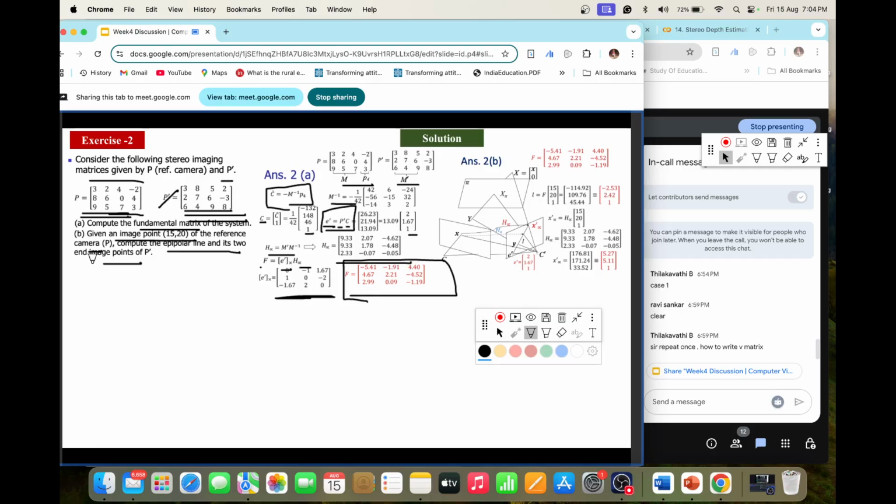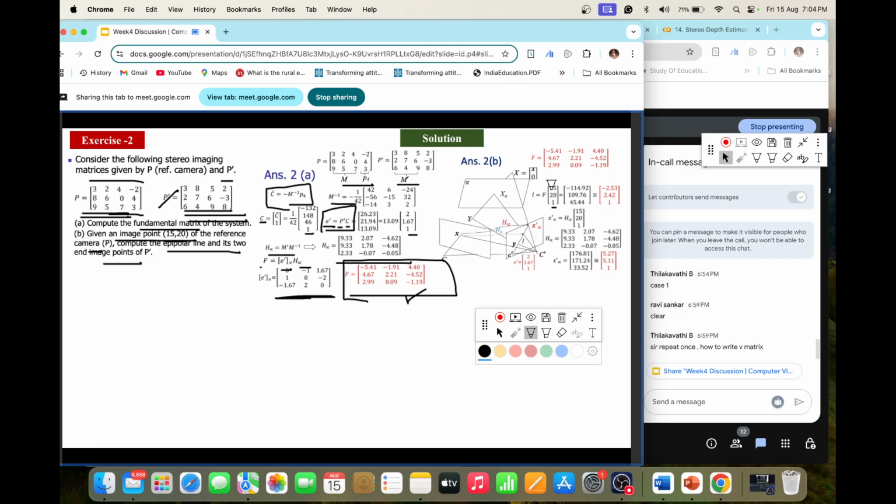The second question is very easy. L dash is nothing but Fx, right? So L dash you can easily find out, that will be nothing but your F into x. F we already found in this part, and x is already given, that is 15, 20, and you have to put 1 here because this is an inhomogeneous coordinate, but to put it in homogeneous coordinate we have to add scale here, so that is why 1.